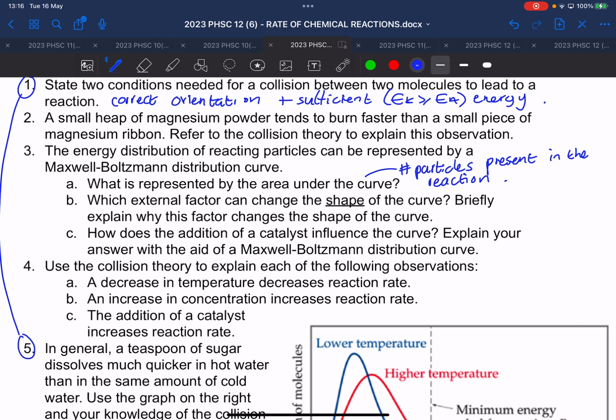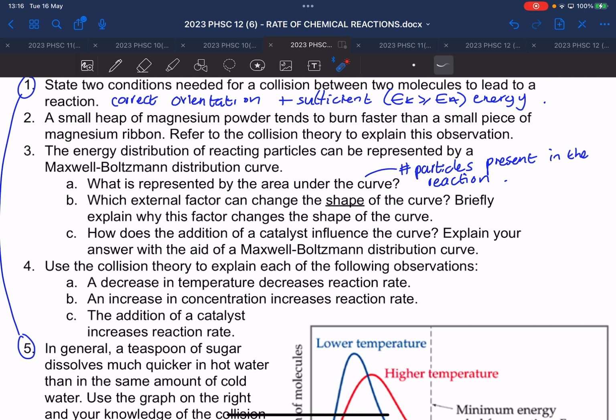Then they ask, which external factor can change the shape of the curve? Briefly explain why this changes the shape of the curve. I'm asking, which factor can change the shape of the curve? We have 5 factors.